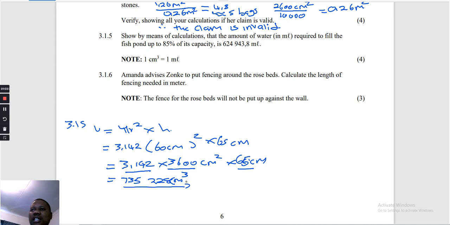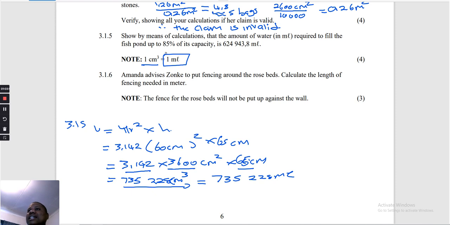But now they told us that 1 centimeter cubic is the same as 1 milliliter. So we just change it and say this is the same as 735 228 milliliters. Okay, but this is the 100% capacity.